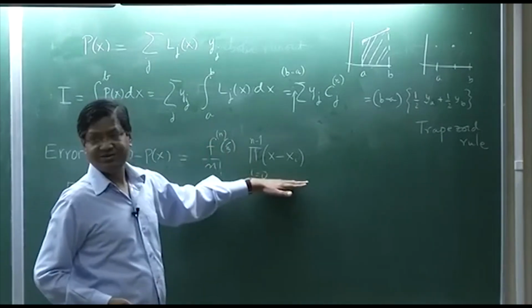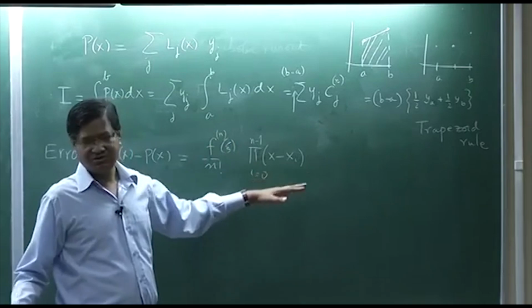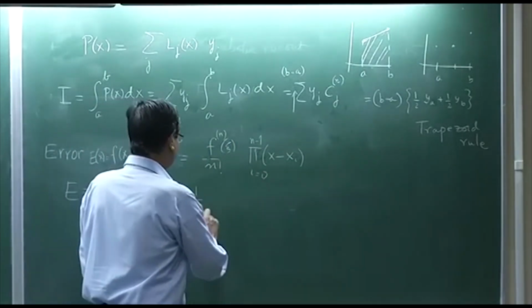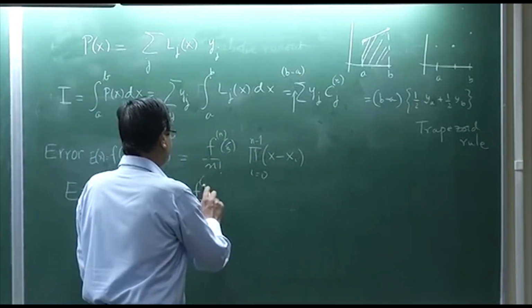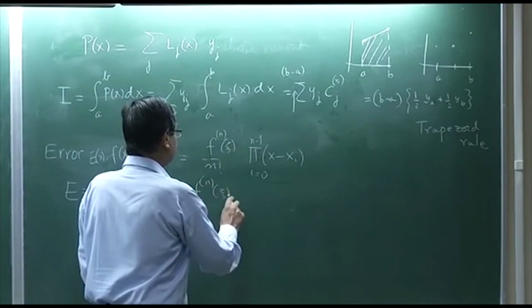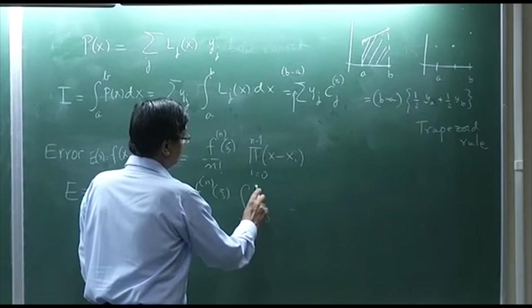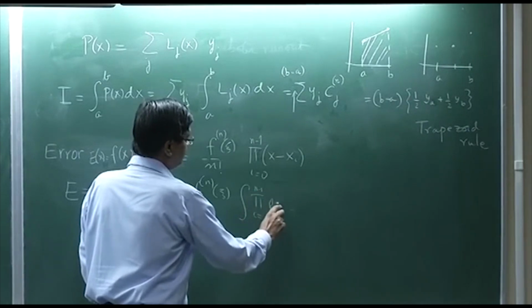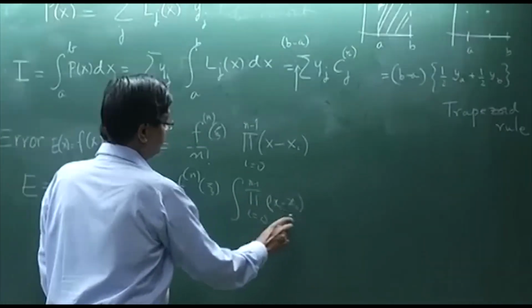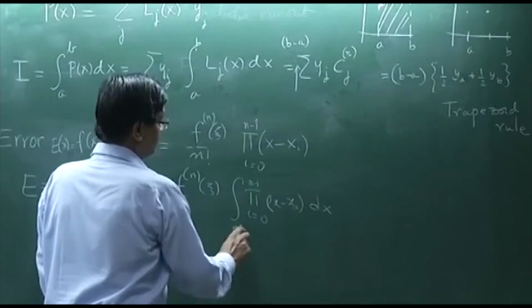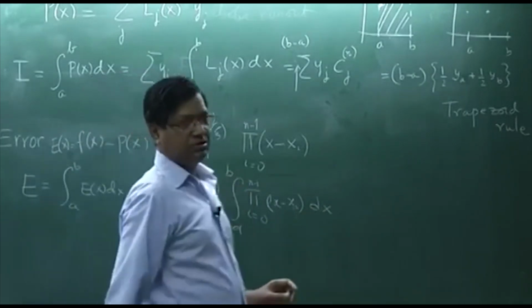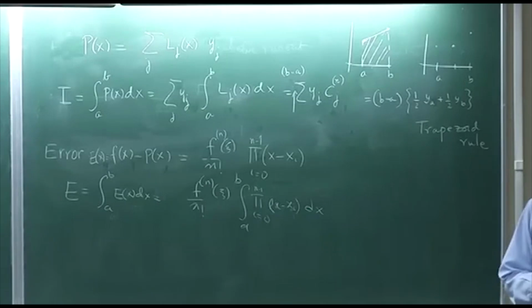But this is doable. This integral again the computer will do. So I can do 1 over n factorial f^(n)(zeta) and the integral of this. So there is error, but there is a little bit of catch.